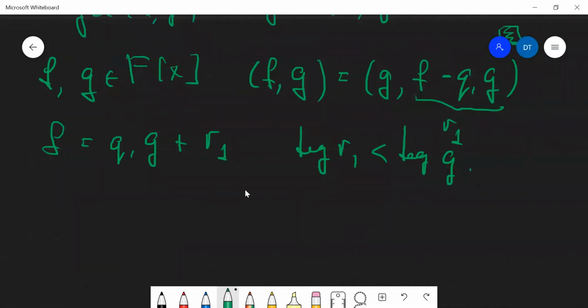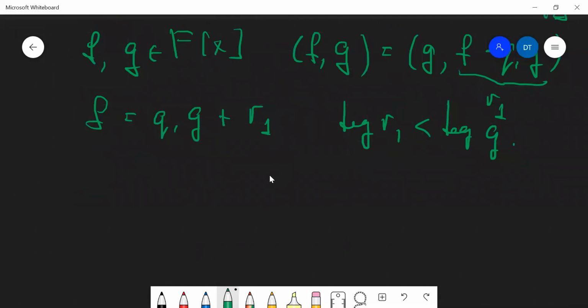So now we can repeat the same algorithm, but we replace f by the polynomial G, and we replace G by the remainder R1, and we divide G by R1 with the remainder, and we will get some quotient Q2 and some new remainder R2.